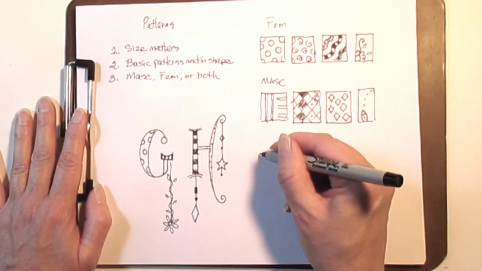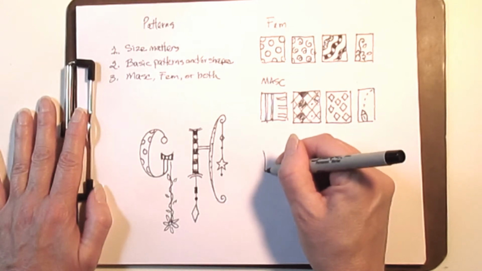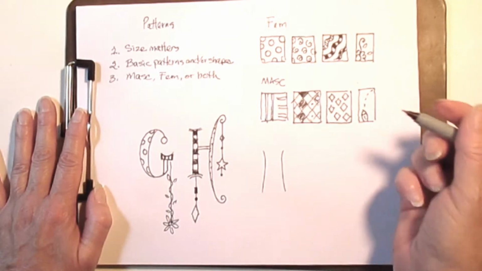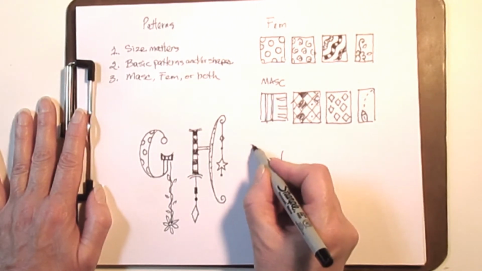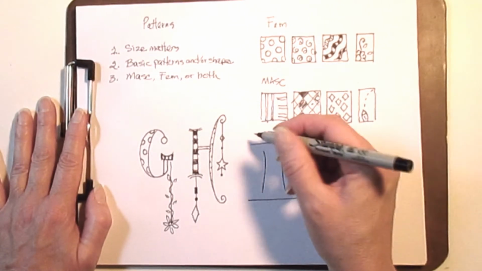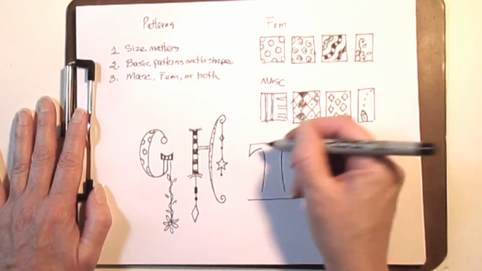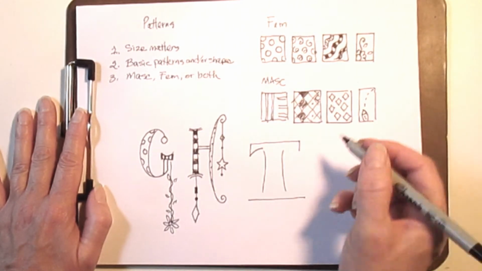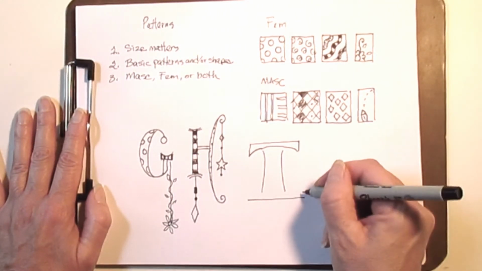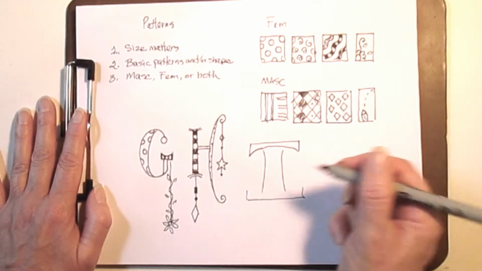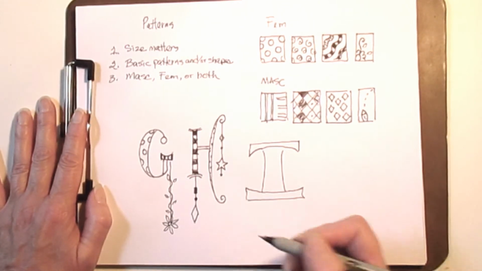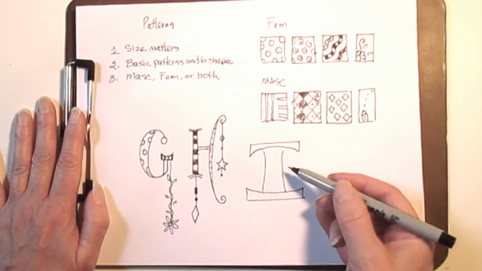We'll make the letter I. And we'll do the same thing with the bottom. Okay, now you've got a really wide letter.